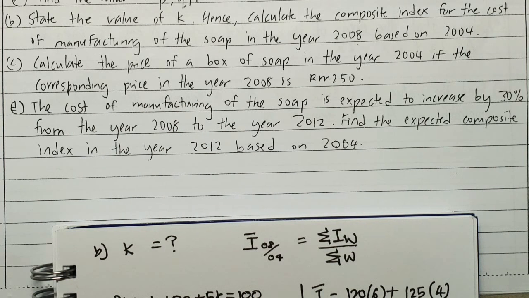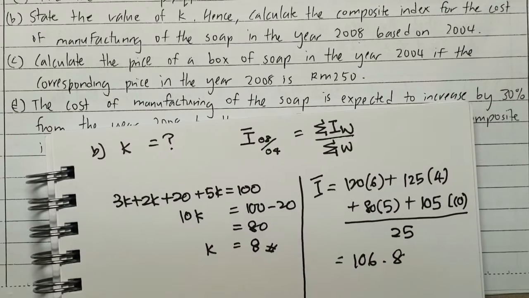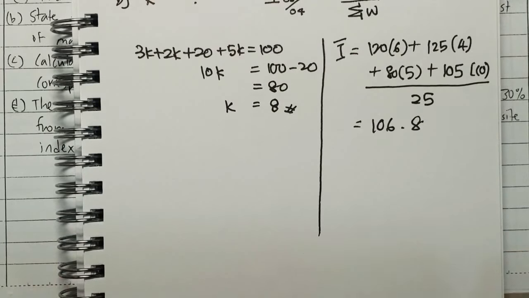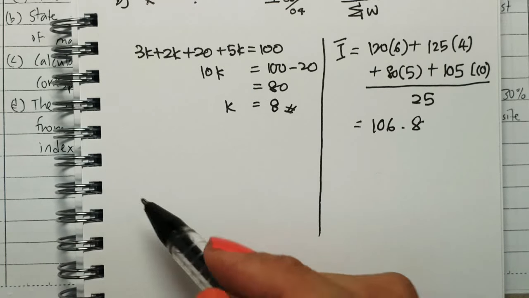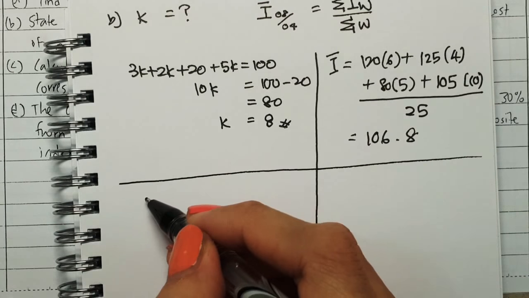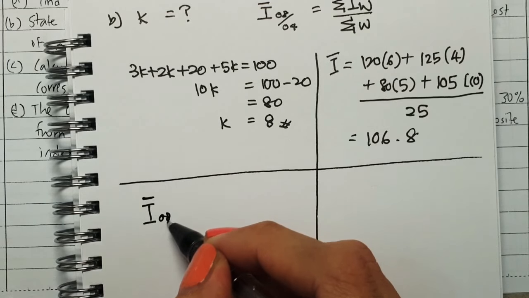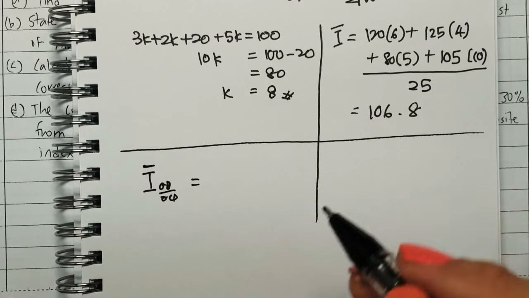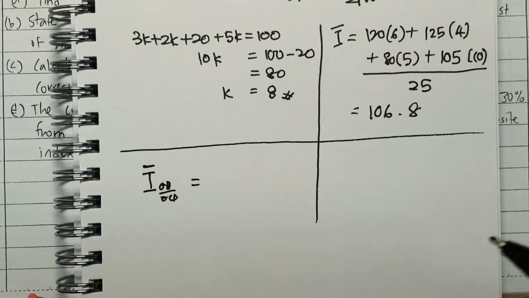The composite price index shows the overall or average price index caused by 4 ingredients, and those 4 ingredients give us the end product, which is the soap. Therefore, the price index that we just found can be used to represent the end product's price.